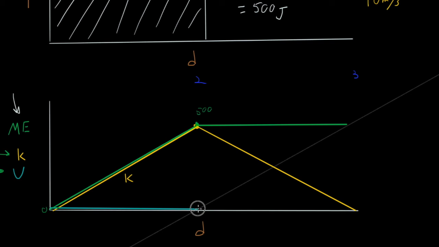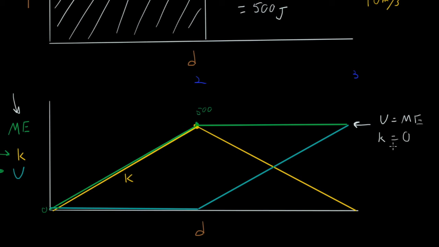But then, between points 2 and 3, my potential energy goes up until it hits the maximum mechanical energy. Right here is where my potential energy equals my mechanical energy, which means there's no energy left to be in the form of kinetic energy, so kinetic energy is 0. What that means is my velocity must be 0.